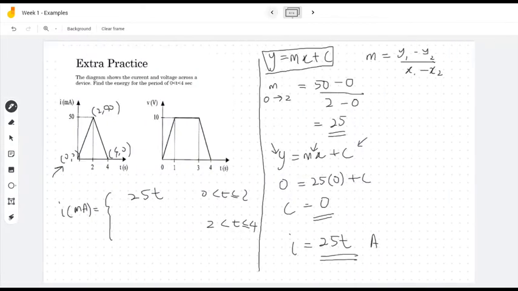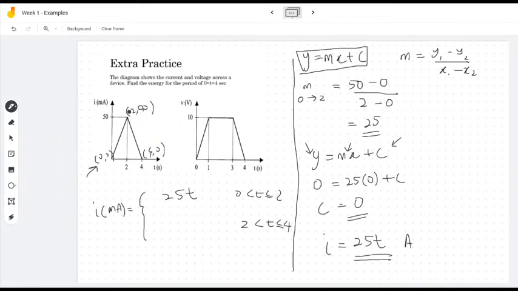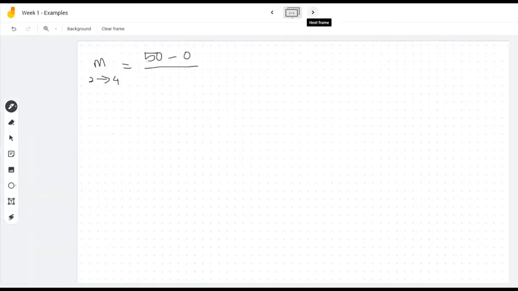My x1 is a 2. My x2 is a 4. Okay, so 2 minus 4. Ya Allah. And you will get negative 25. Alright, is that it? No, you have to get your c. y equals mx plus c.